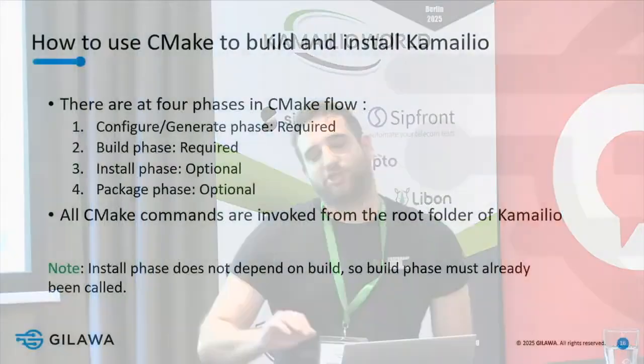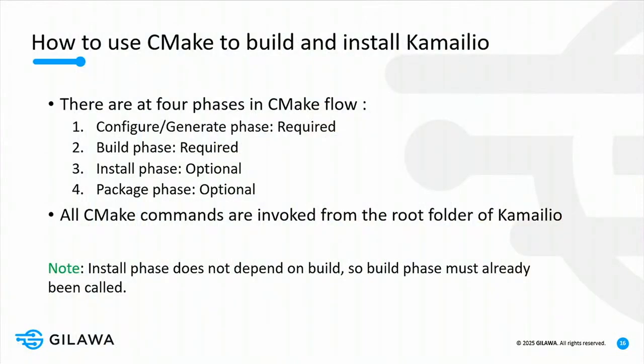Just a note here, all CMake commands should be called from the root folder of Kamailio in this example. And the install phase, it's a bit tricky, does not depend on build. The cmake --install will not automatically call the cmake --build part. I don't know why, that's how it is.